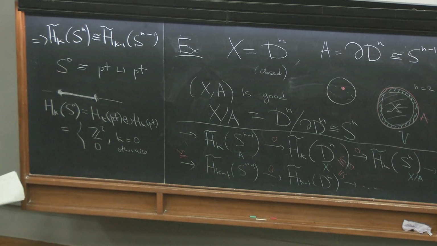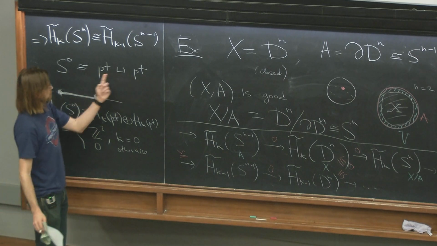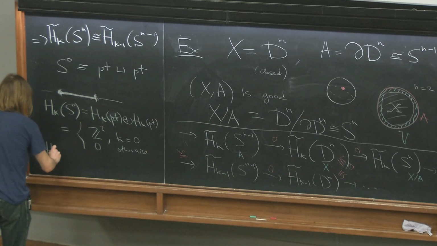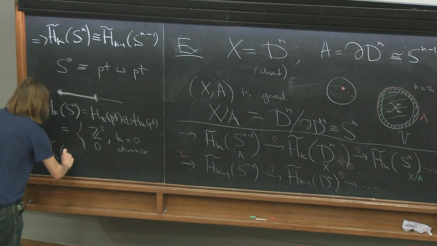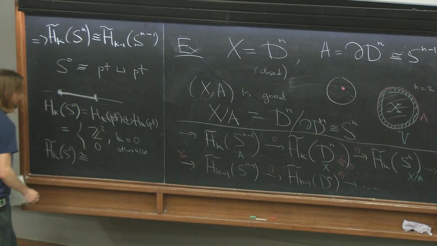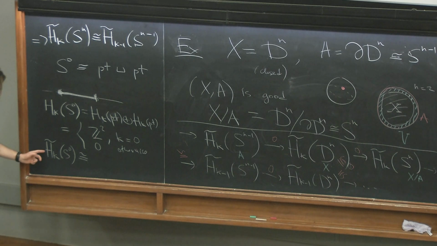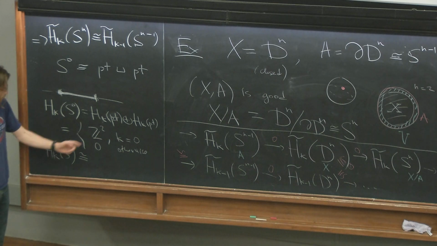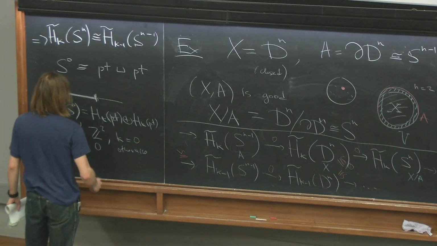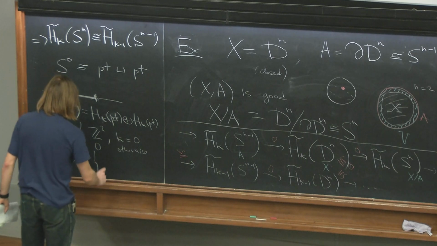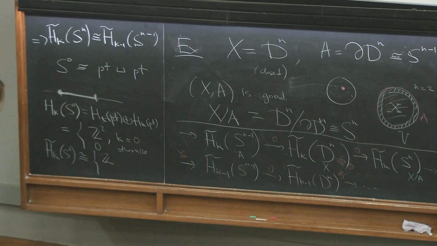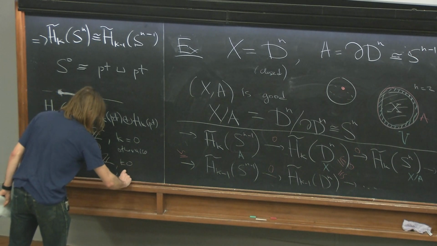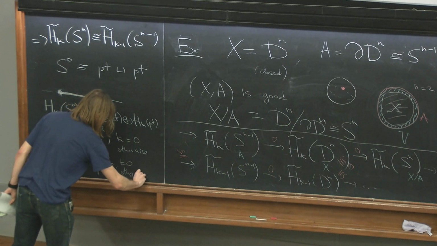Again, this has two generators corresponding to these two connected components. Alternatively, you can use the reduced homology groups. Reduced means that only in degree 0, when k equals 0, we remove one copy of Z corresponding to either of these connected components. So for reduced, we get just one copy of Z when k equals 0 and the trivial group otherwise.